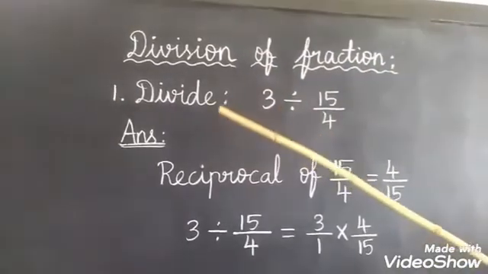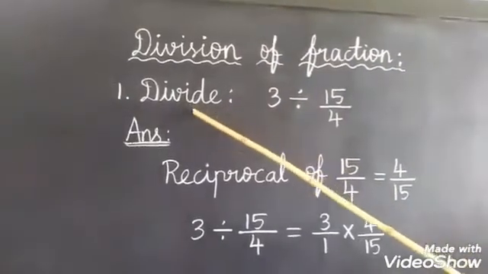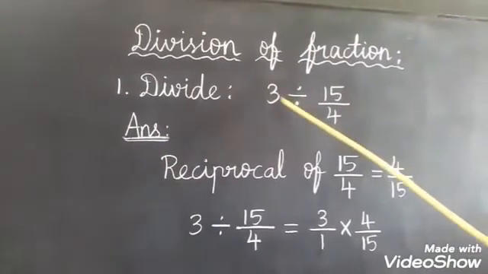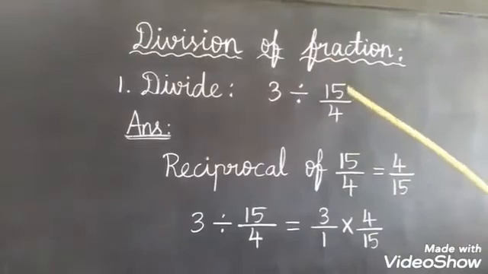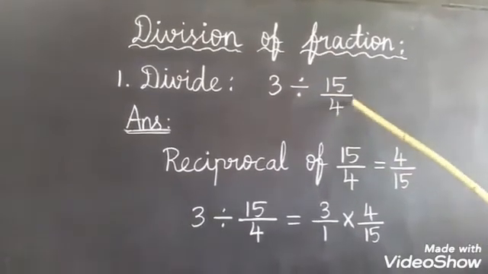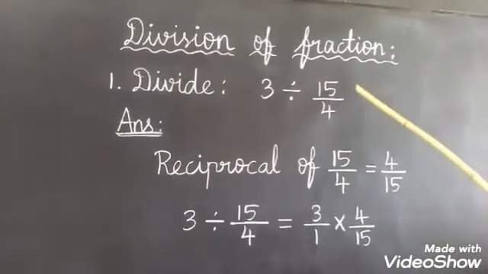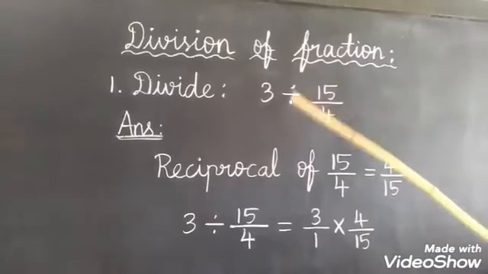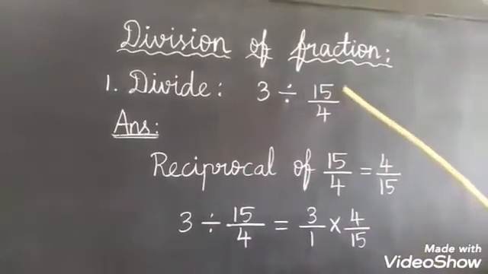See the first example. Divide 3 by 15 by 4. Here 3 is a whole number and 15 by 4 is a fraction. We have to divide this. Before dividing, we have to find the reciprocal of 15 by 4.